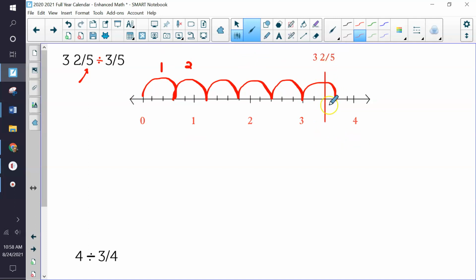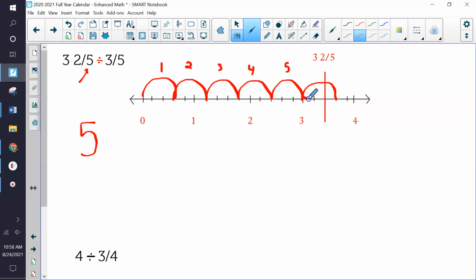We have 3 2/5 split into groups or jumps of 3/5, and our answer is going to tell us how many whole jumps did we make. So how many times were we able to do a full complete jump? So there are 5 of them. 5 full jumps, so our answer is going to be 5. And there's a fraction of a jump here.